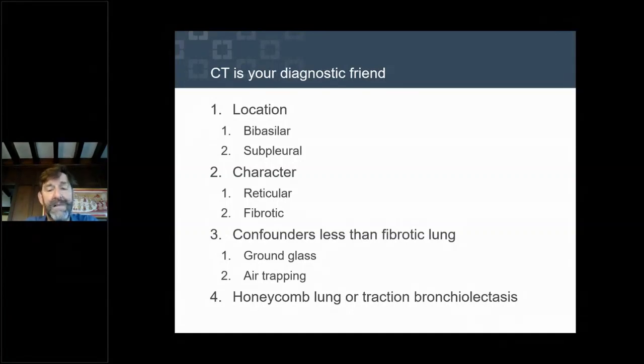But we've also learned that traction bronchiectasis can be a good sign of IPF or certainly fibrotic lung disease. What is traction bronchiectasis? Well, IPF is not really the lung filling up with scar. People think that, but that's not the case.